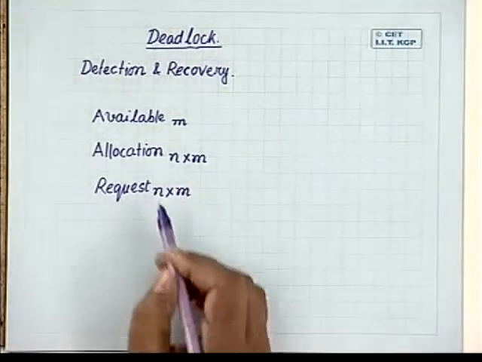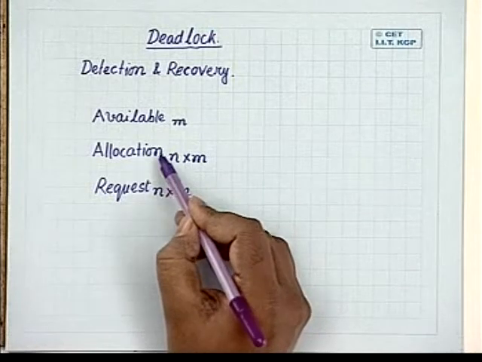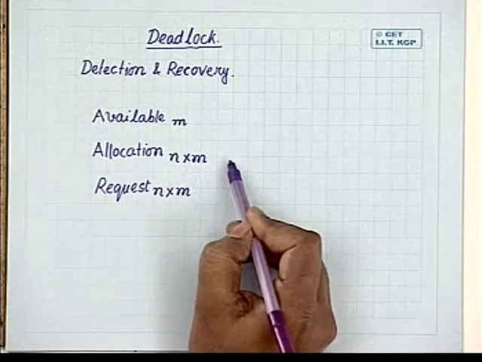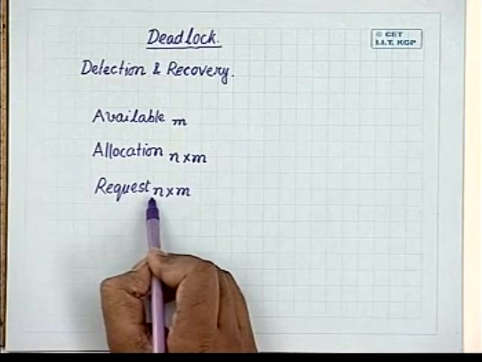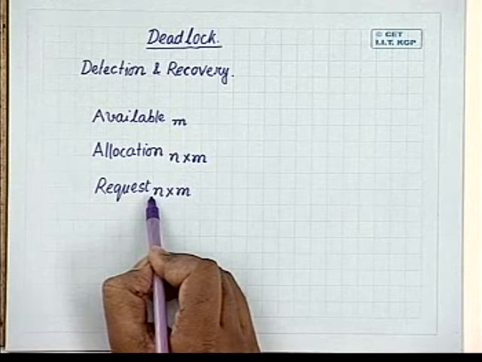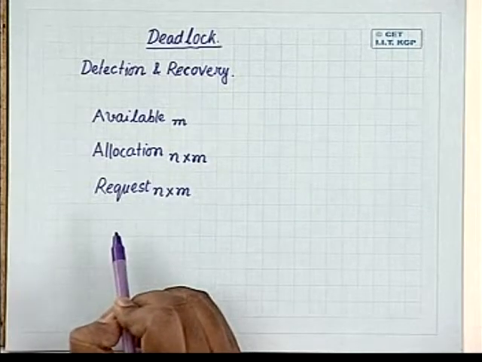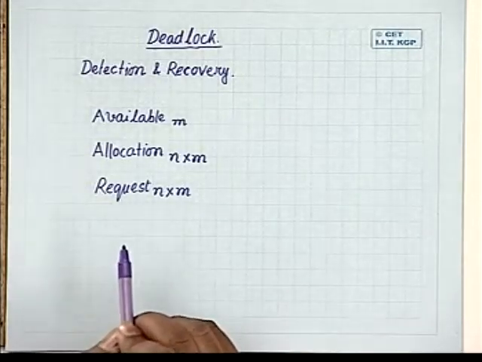Okay. So in both cases, whether it is the Allocation matrix or the Request matrix, a row in the Allocation matrix will indicate the numbers of different resource types which are allocated to process Pi. Similarly, the ith row in the Request matrix will indicate the number of instances of different resources which are requested by process Pi.